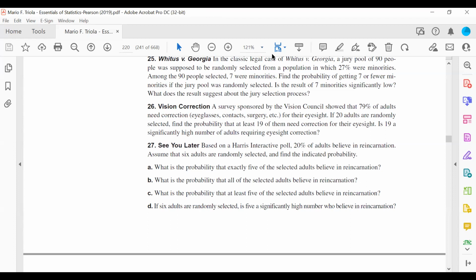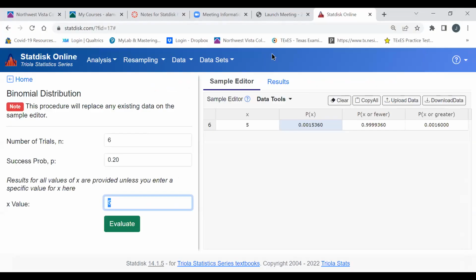Okay, so let's plug it in. My StatDisk, I'm gonna plug in 6. And exactly, this one's going to be 0 plus. I don't have enough digits to round, otherwise it'll give me zeros, and it's not true. I got small numbers, so it has to be 0 plus.